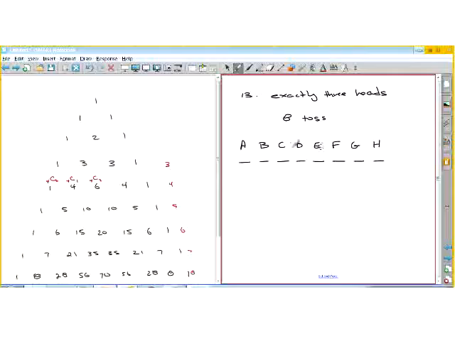And what we're trying to do is come up with a number of ways that you can arrange 3 of these together. So one possible combination would be A, B, C. So you'd have a heads here, and a heads here, and a heads here. And then the rest, by default, would be tails.